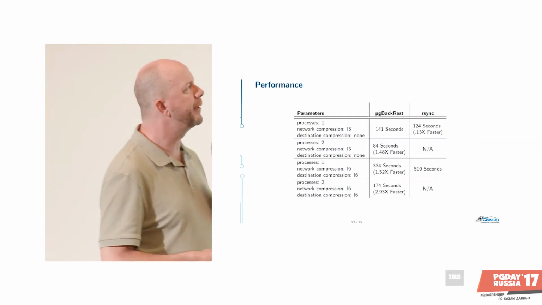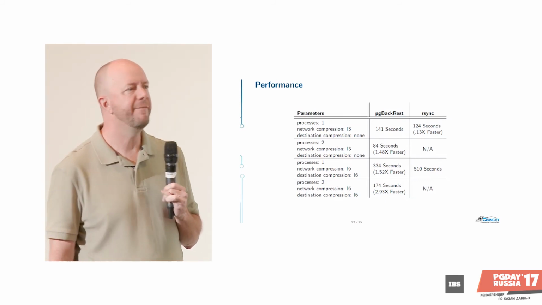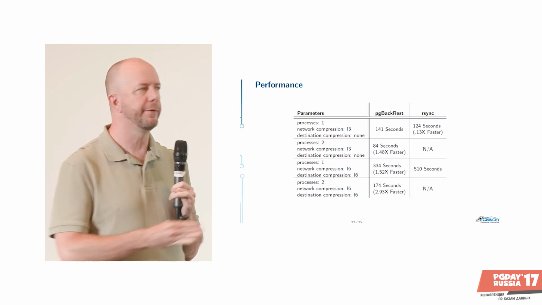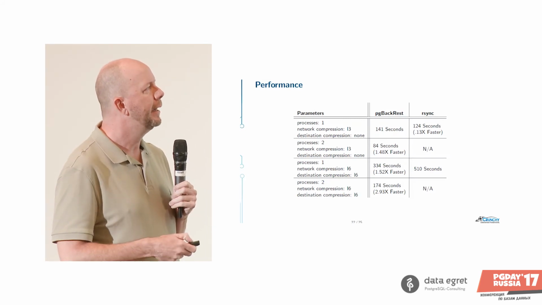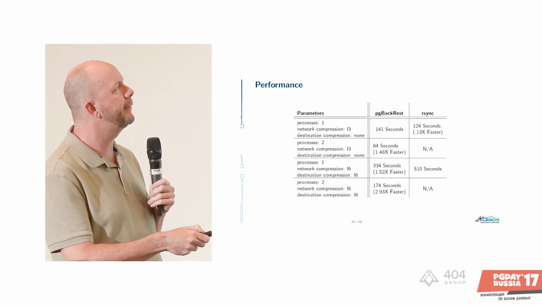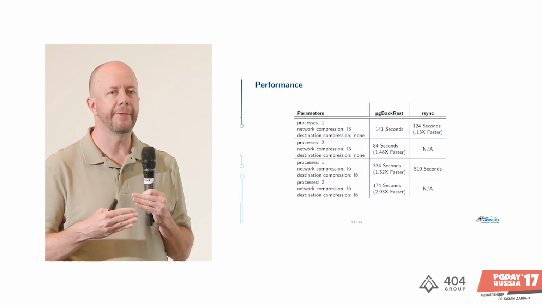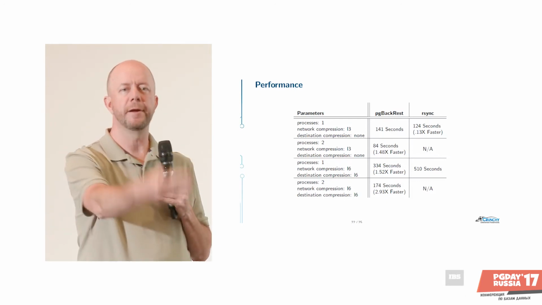Let's talk about performance a little bit. This is kind of an older slide. I actually have made some improvements, but the general numbers have stayed the same. Essentially, since rsync doesn't do compression, I was trying to compare backrest to rsync if you rsynced the files and then compressed them afterwards.